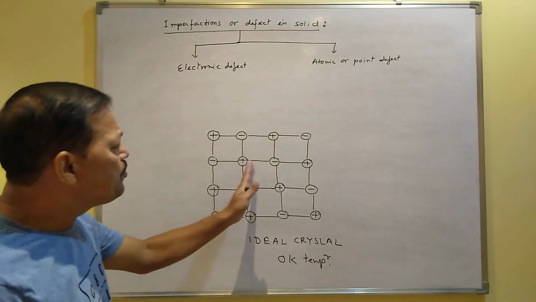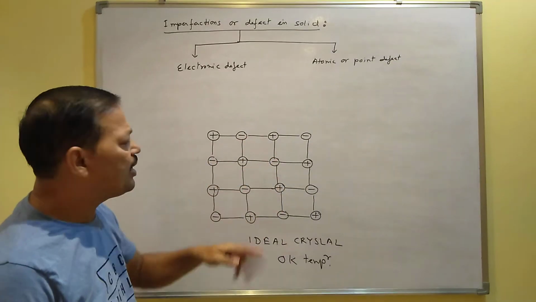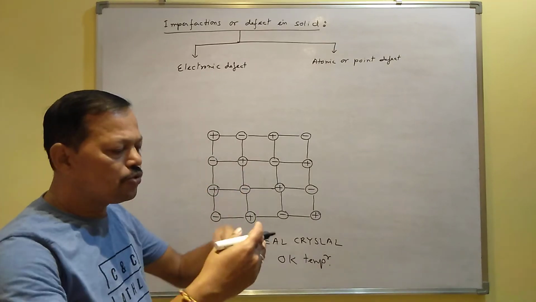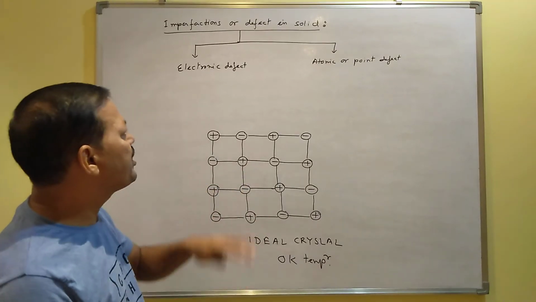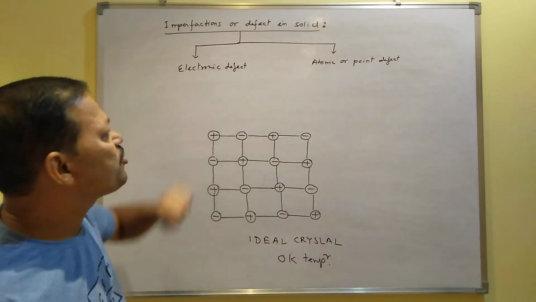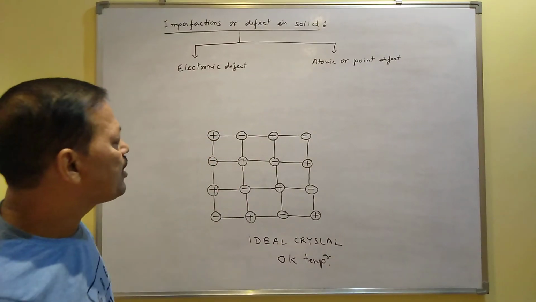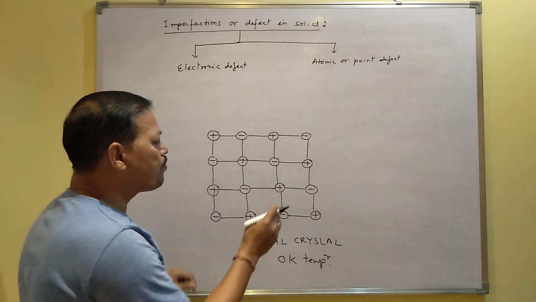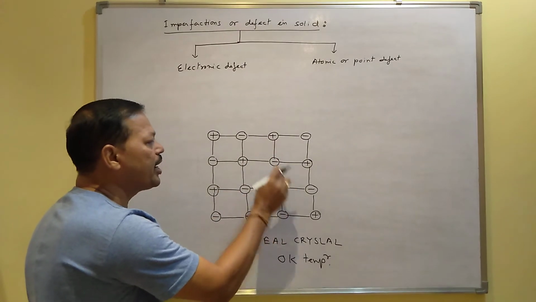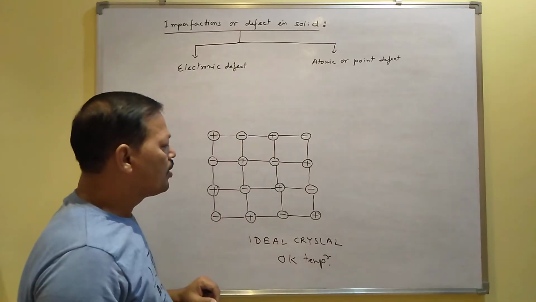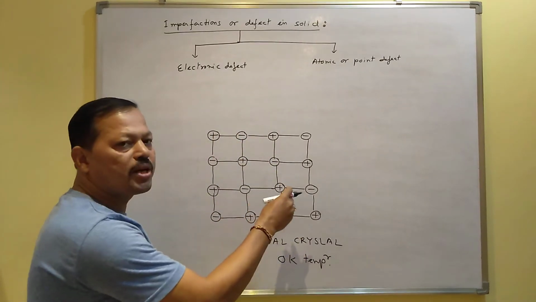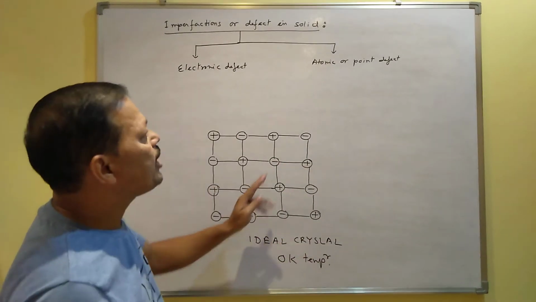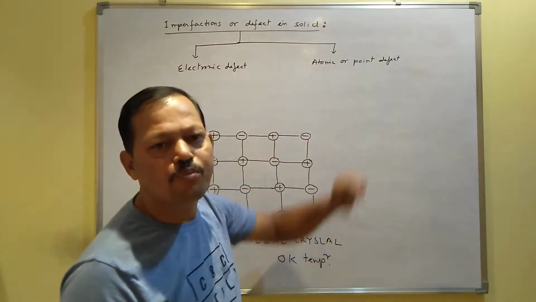Now, if the defect arises due to disorderness of some electrons, then that type of defect is called electronic defect. And if the defect arises due to particles, suppose some particle is missing from its original position and it occupies the void, or it leaves the crystal, then that type of defect is called atomic or point defect.